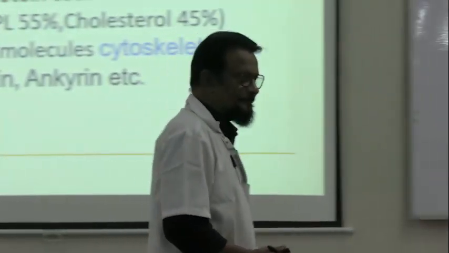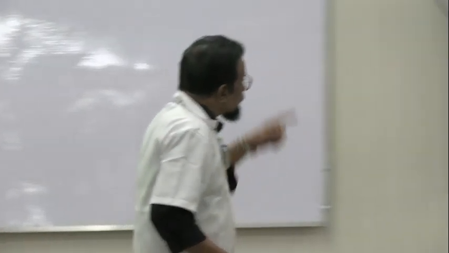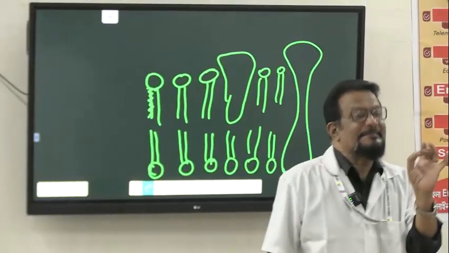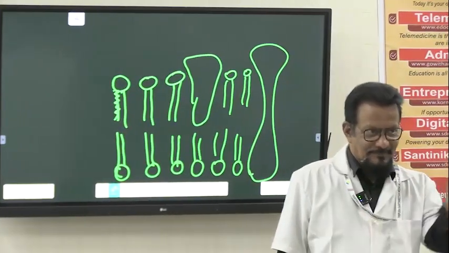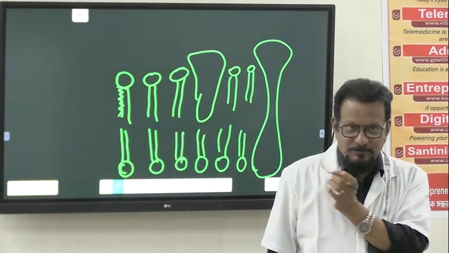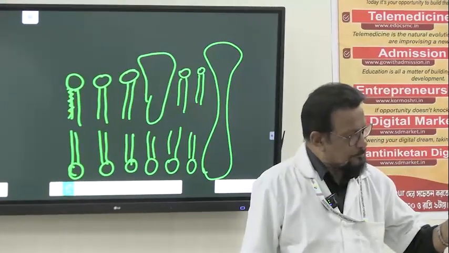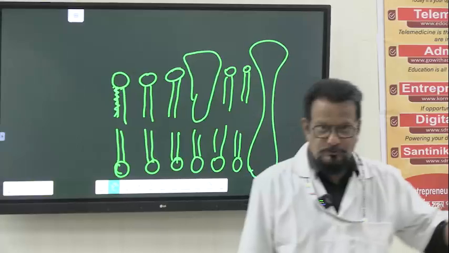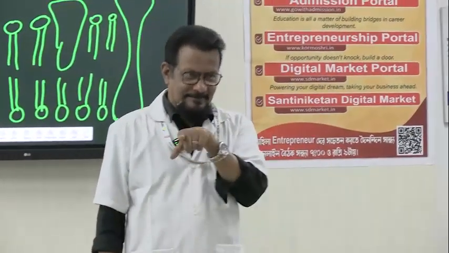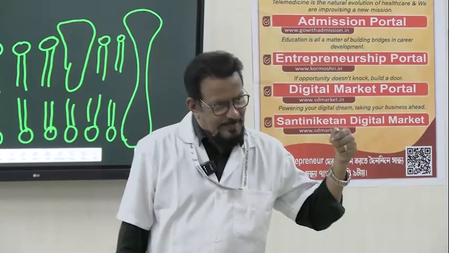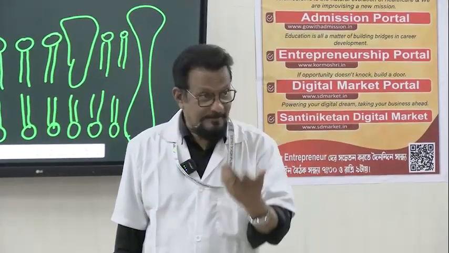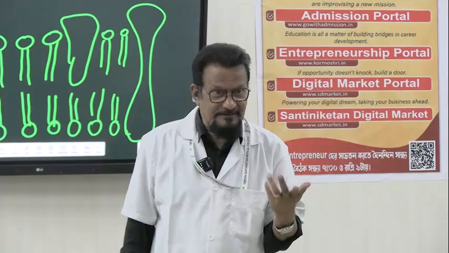Good. Sit. Some proteins are ion channels, for those ions which cannot pass easily through the membrane. So for them, some channels are there: sodium channels, calcium channels, potassium channels, different channels.